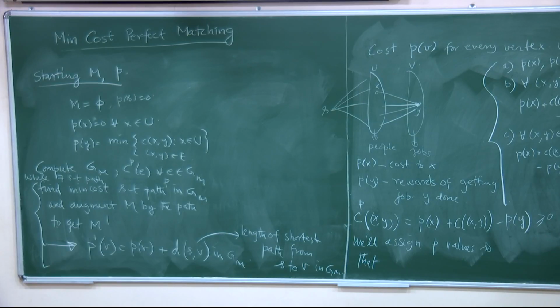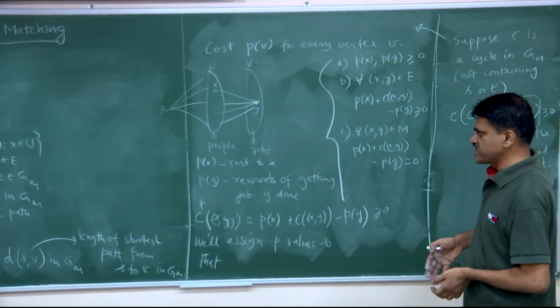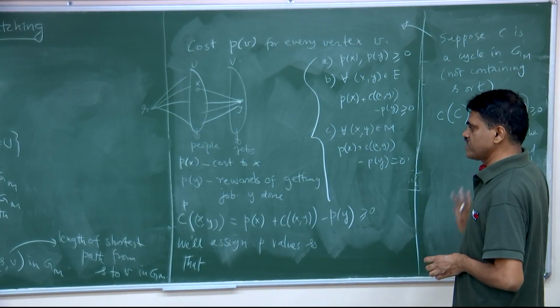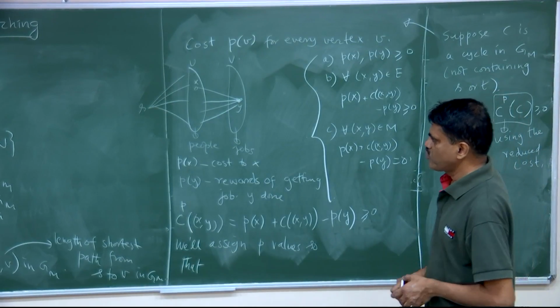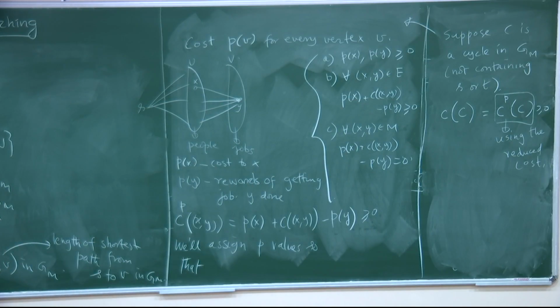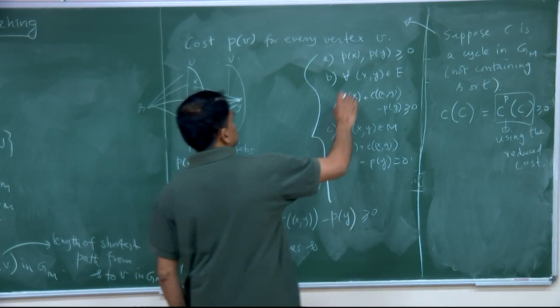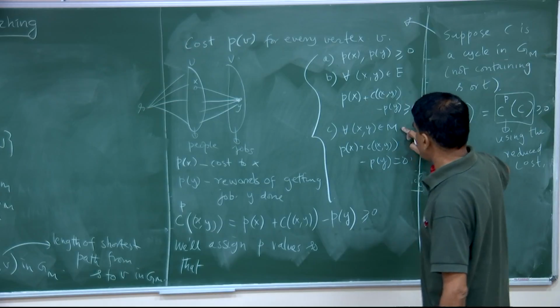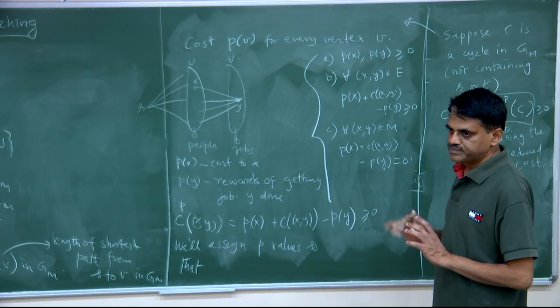Now P prime and M prime are compatible under these conditions, and then no negative weight cycle. You got one extra edge, keep going. So every time I am increasing the size of the matching, maintaining there is no negative weight cycle in the residual network. So when I stop, there is no ST path. I've got a perfect matching with min cost. So I have to now show that these conditions are satisfied for P prime and M prime.